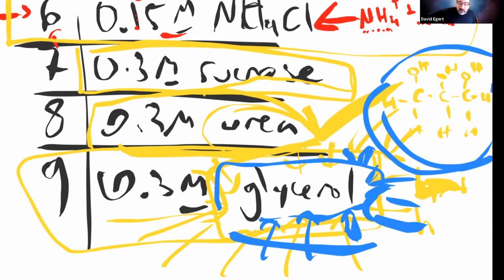It turns out the penetration of glycerol in human blood cells is much better than into cow blood cells. So what does that mean? It still can penetrate cow blood cells, but it penetrates pretty slowly.